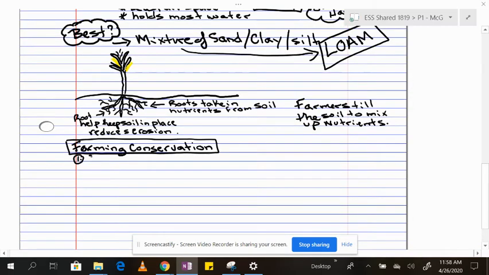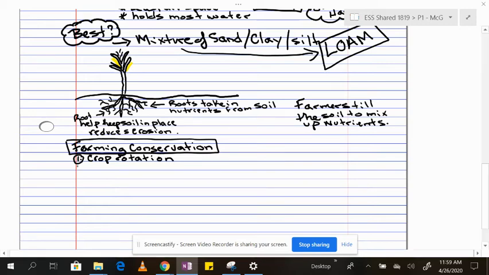And the reason we do crop rotation is because some plants can take out and others can put back in. And so depending on what crops you have there, you are utilizing different nutrients from the soil so you can make the soil last longer, but also some plants will put back into the soil. And so that's really important also.